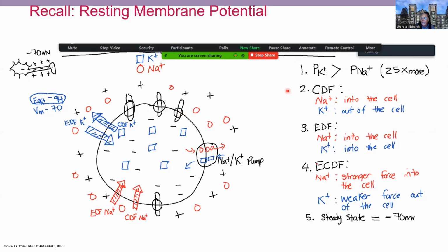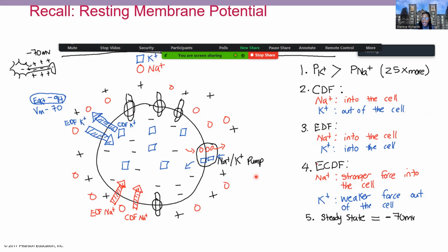So you should be able to break out those individual forces and know their direction. So sodium wants to get into the cell because both of its forces want to move into the cell, right? Its CDF and its EDF are inward. So it has a strong positive force into the cell.